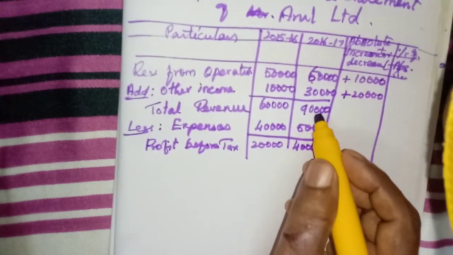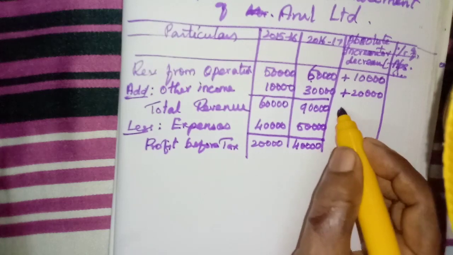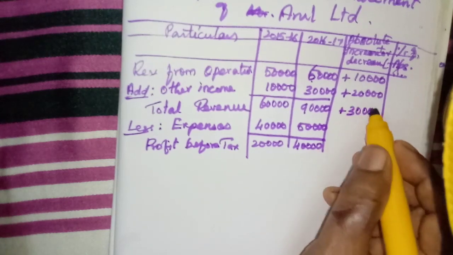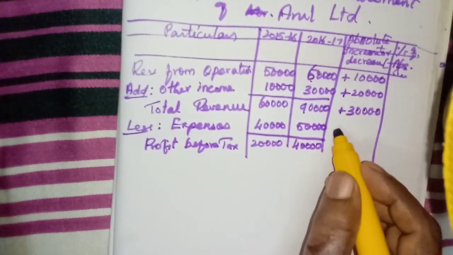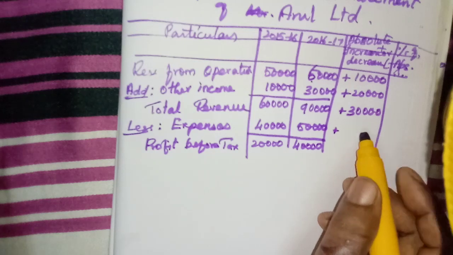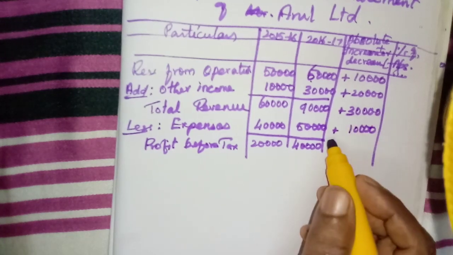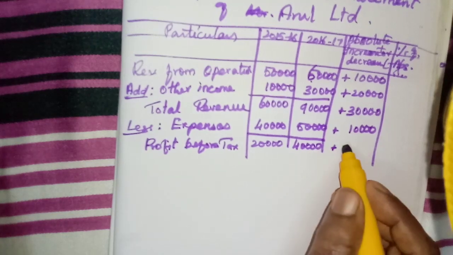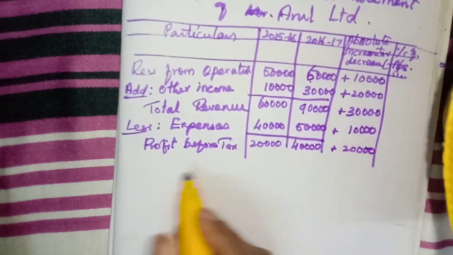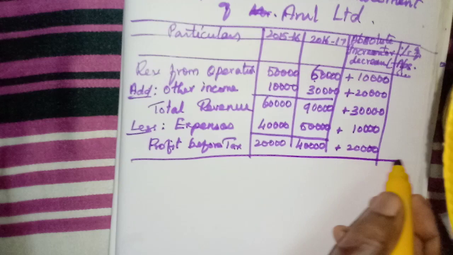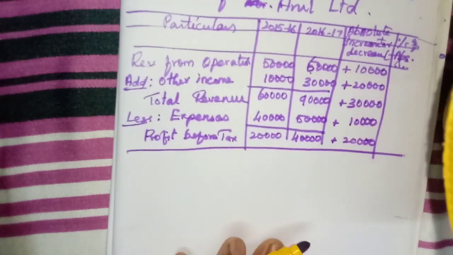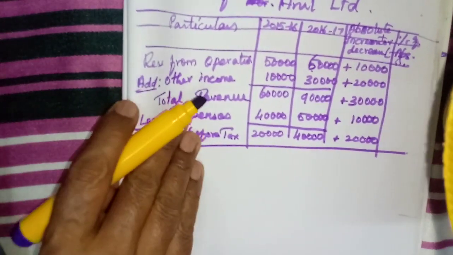Here plus 30,000. Plus 10,000. Here plus 20,000. Now only this much. This one is very important. We are going to calculate that one.